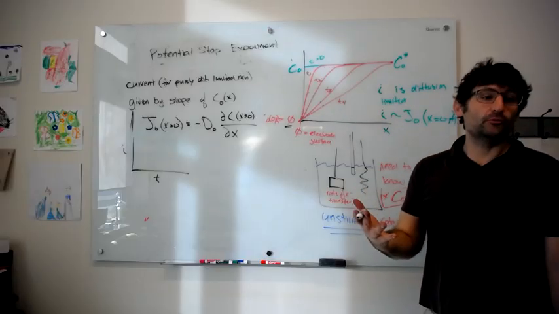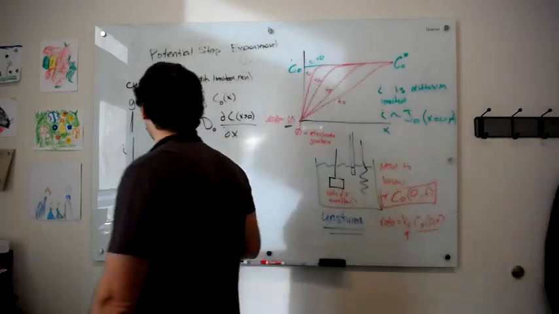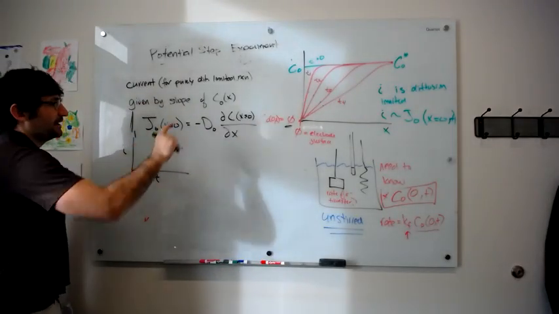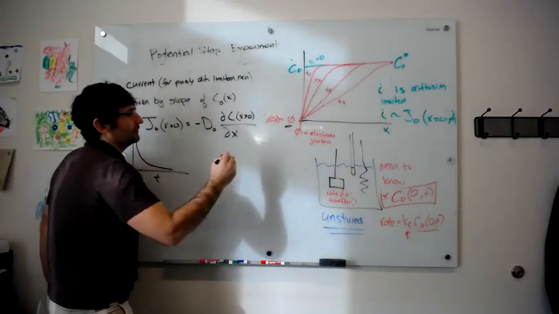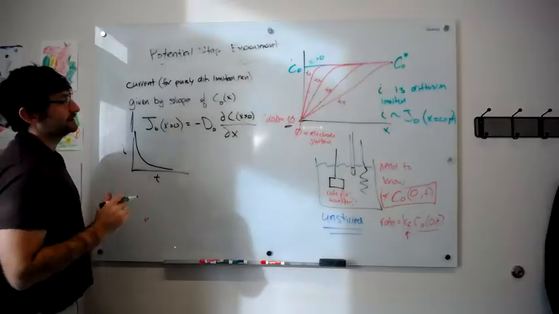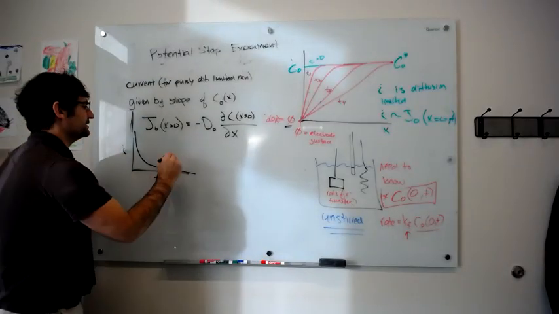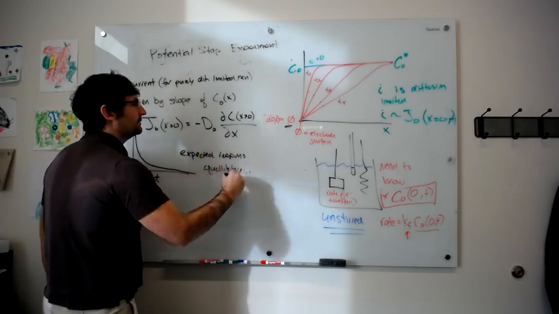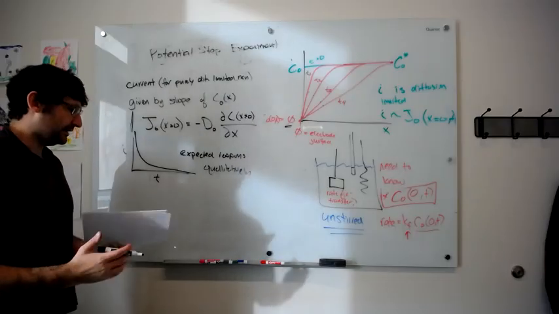So in fact, the slope, in principle, will be infinite. So the formal solution will find the current will actually go to infinity at time equals 0. And as time progresses, the current decays. And for long enough times, this concentration profile will get so shallow that the current will go to zero.